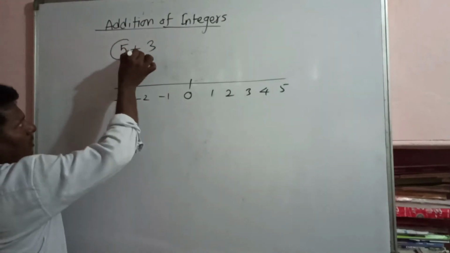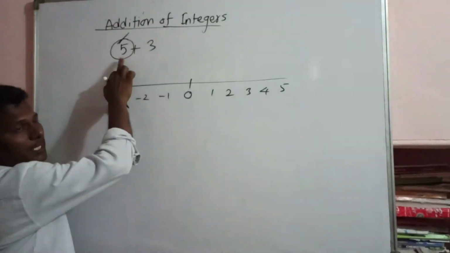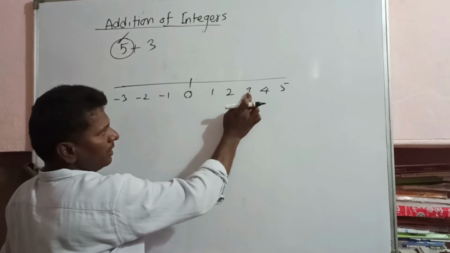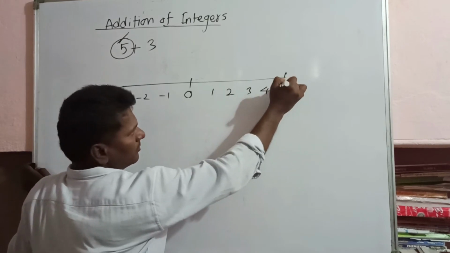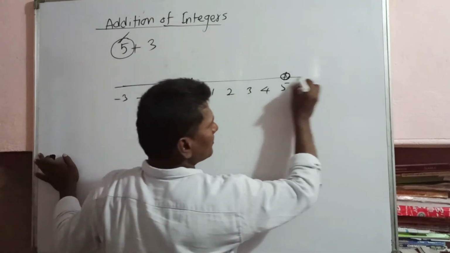First, we have to locate 5. So here 5 means plus 5. 1, 2 units, 3 units, 4 units, 5 units. So this is 5.